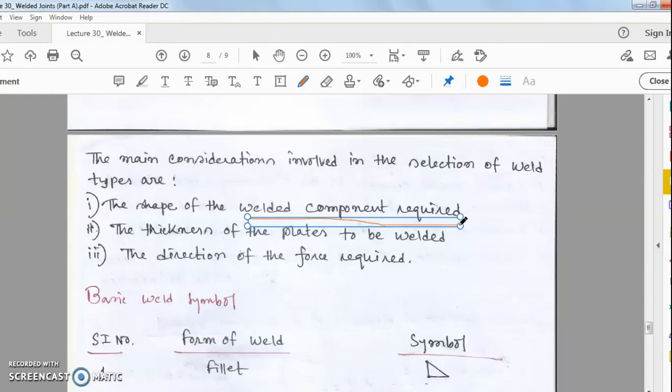Whether you select the parallel fillet, the single transverse, or the double transverse, depends upon the direction of travel length of the weld, or you can say the direction of the force.